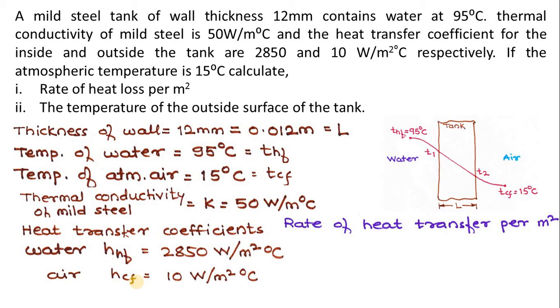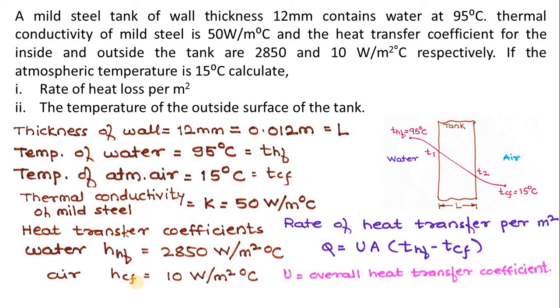And since we know this situation is particularly where the overall heat transfer coefficient applies, should I write here Q is equal to UA into the fluid temperature difference? Now what does U mean? It is the overall heat transfer coefficient.